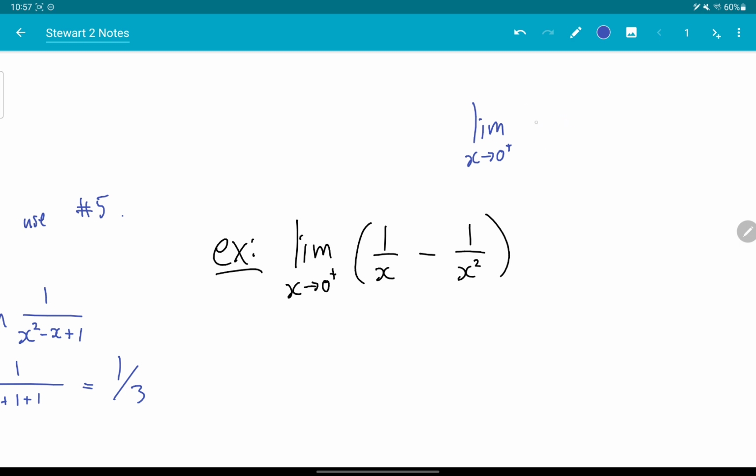Well, we're going to talk about them shortly. It's going to equal infinity. It does not exist to me. It's not a real number. So I can't use the limit law. Okay, I cannot. So this is not going to equal just lim 1 over x minus lim 1 over x squared.